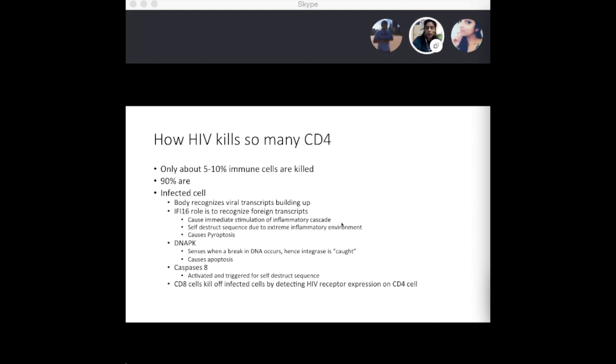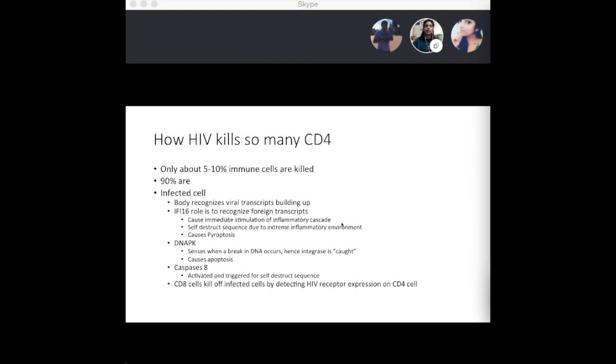CD8 cells will kill off infected cells by detecting the HIV receptor expression on CD4 cells, and will also cause death. So essentially what's happening is more normal CD4 cells get killed off, even if they're not infected, as a protection mechanism, because the body just thinks, oh my gosh, they're all infected, or the inflammatory cascade is affecting other cells.